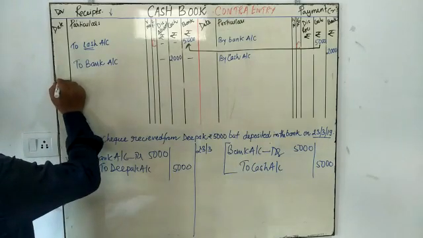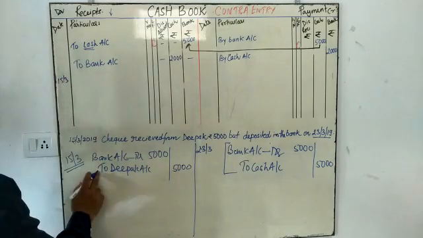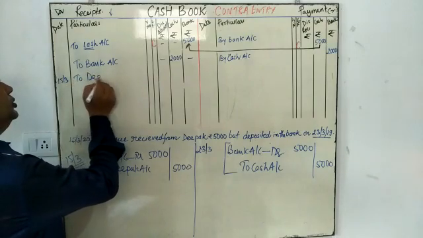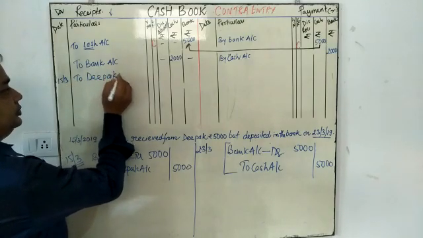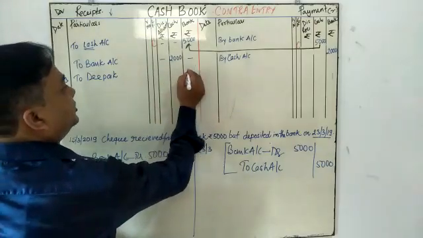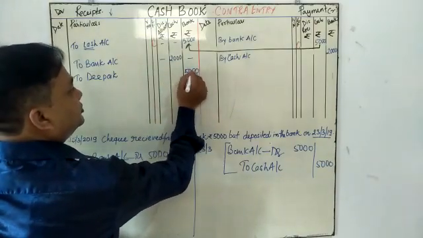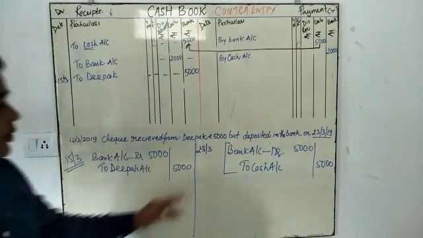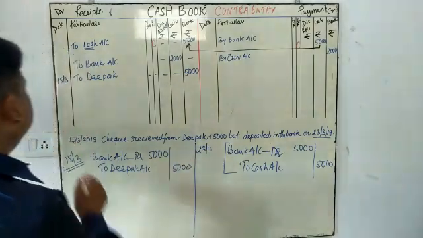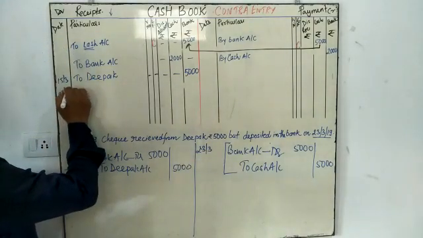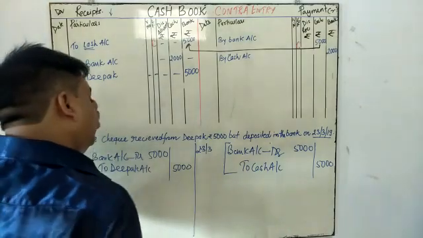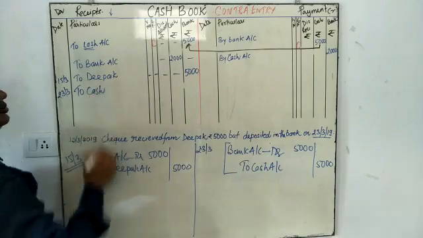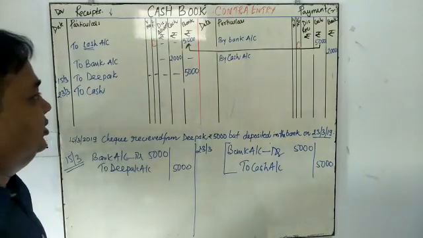On 15th March, you will pass this to Deepak. In the bank column, you will write 5000. Okay. Now on 23rd March, you will write to cash. This is the reason. Okay, to cash.